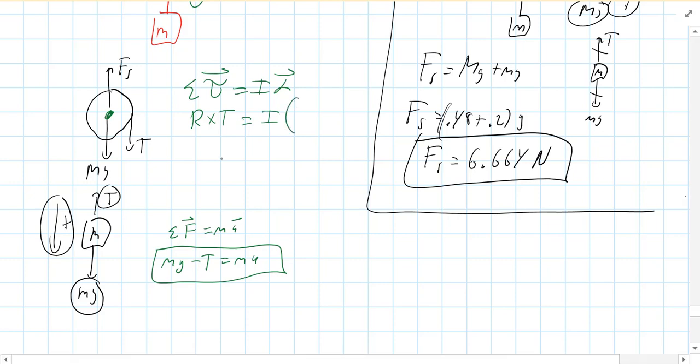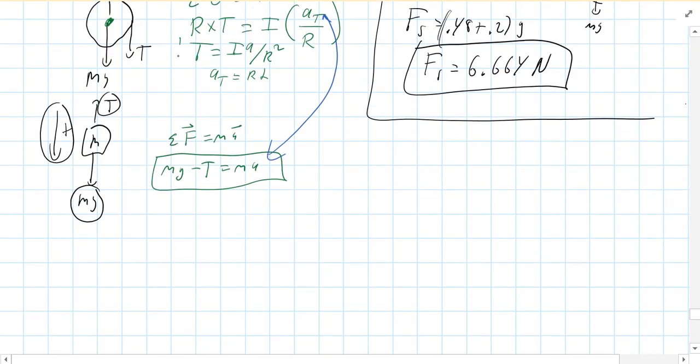Well, I know that a tangential equals R alpha, so I'm going to get rid of alpha by putting a tangential over R. In these equations, these accelerations are the same. The one last thing I'll do is divide both sides by R, so I've got tension equals I A divided by R squared.